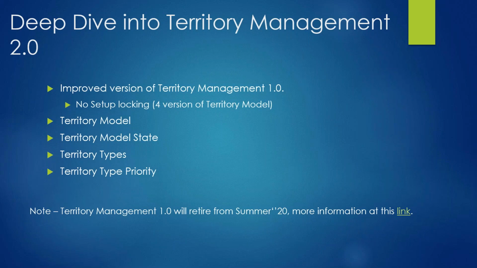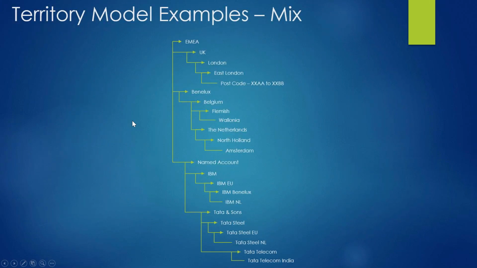That's why Salesforce decided to bring Territory Management 2.0. What are the good parts of Territory Management 2.0? We can have territory model state, territory types, and territory type priority. What is a territory model? I'm talking about this model. This is my territory model.